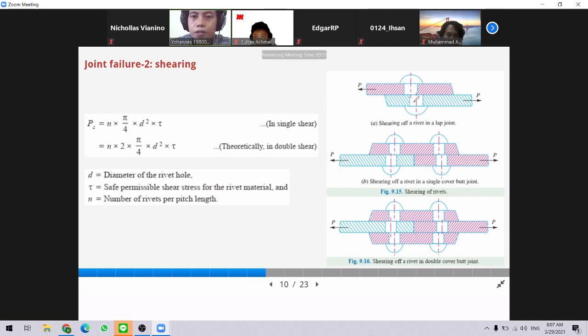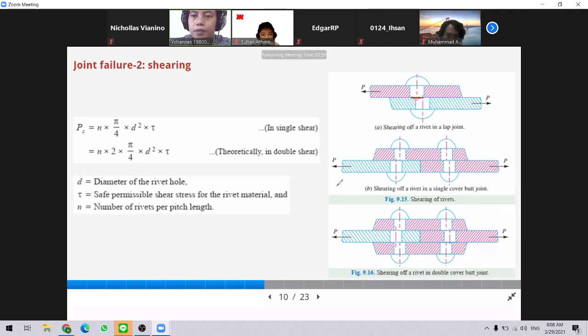Make a note here that for a single lap joint, we only have a single shearing area. For a single cover butt joint, we have two shearing areas because we have two rivets.